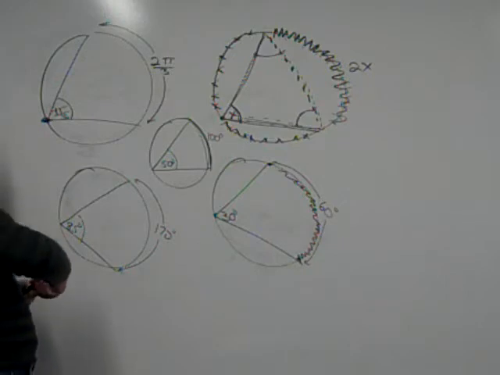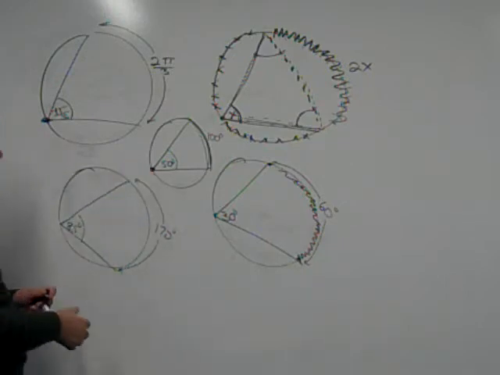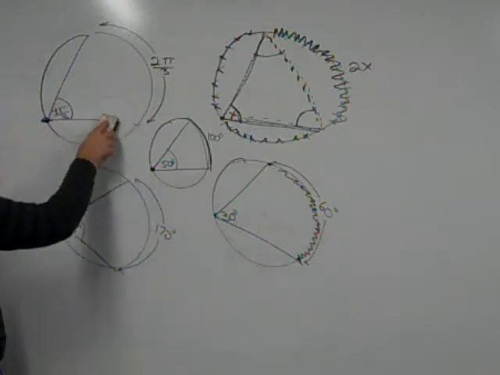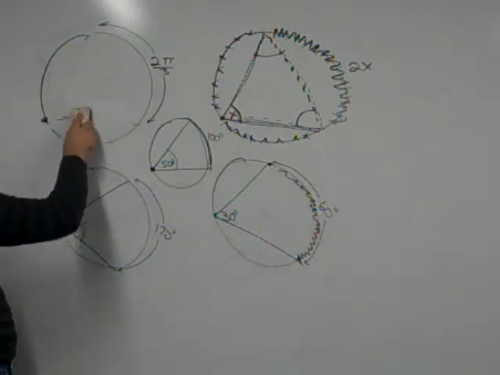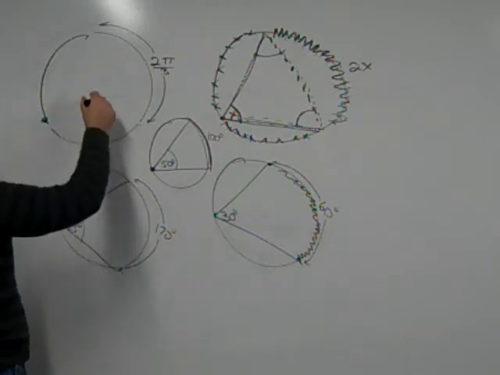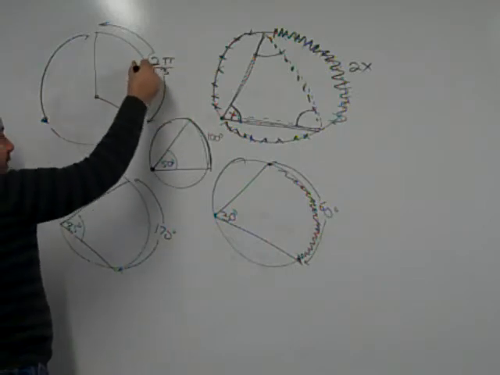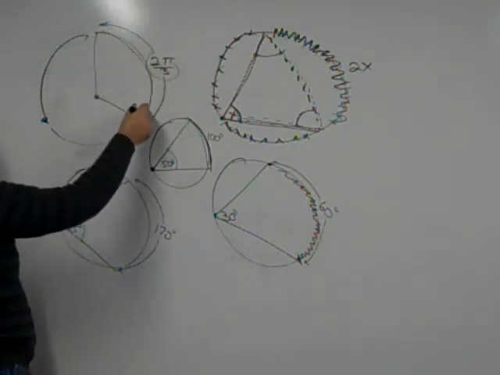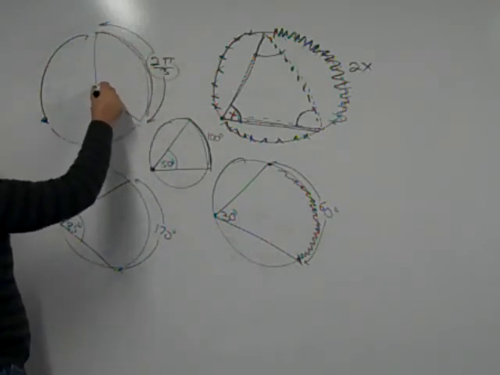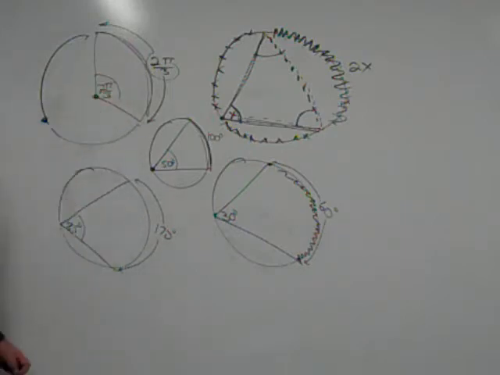When the vertex is on the circle. If the vertex is in the center, even easier. They're equal. If this arc is 2 pi over 3, well then that angle is 2 pi over 3, if that's the center.